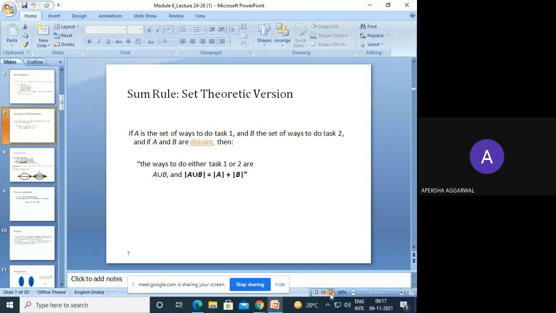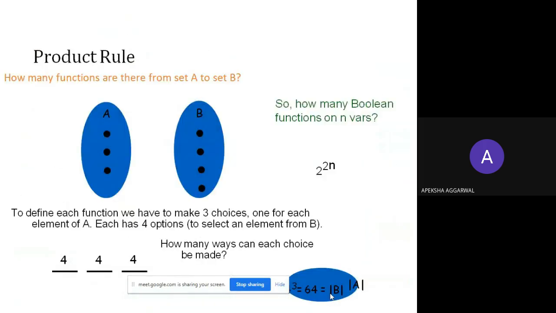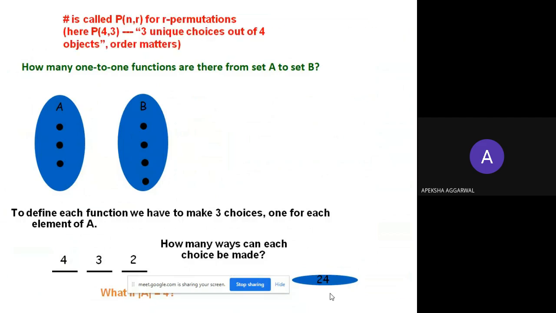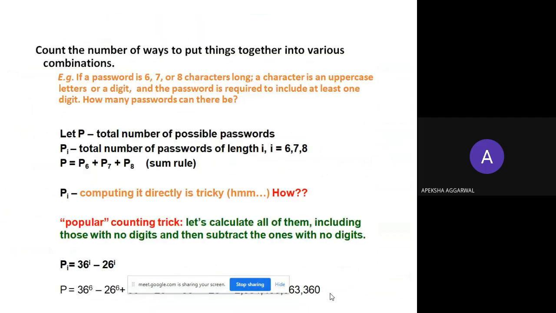Okay, so we had discussed the sum rule and product rule in the last class. Complex problems: the examples given to you were based on the sum rule and on the product rule.